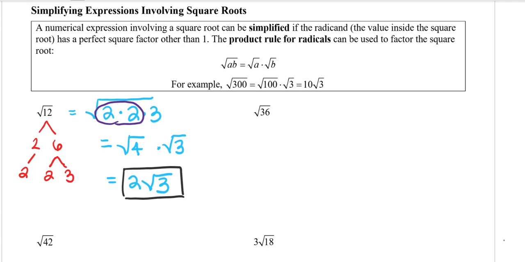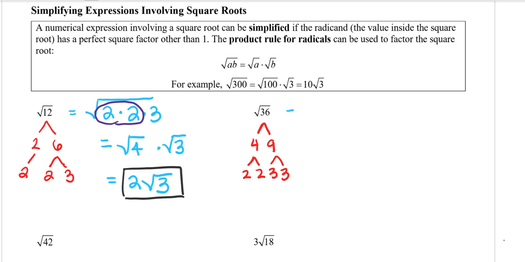Well, let's look at another example. This time we're given the square root of 36. So 36, let's see, we could do 4 times 9. And then 4 will break down into 2 times 2, and 9 into 3 times 3. And then we've broken that down.